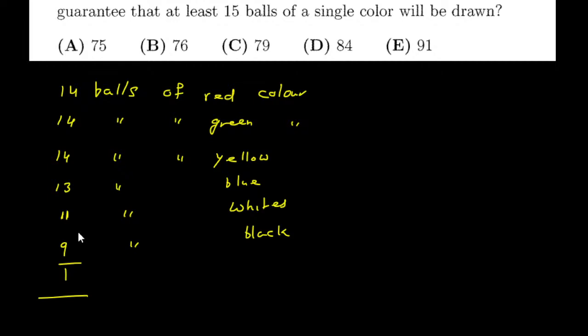Then plus we have 13, plus 11, plus 9, plus 1. So that means 76. So if you draw 76 balls, it is guaranteed that you have drawn 15 balls of the same color. So option B is the right one.